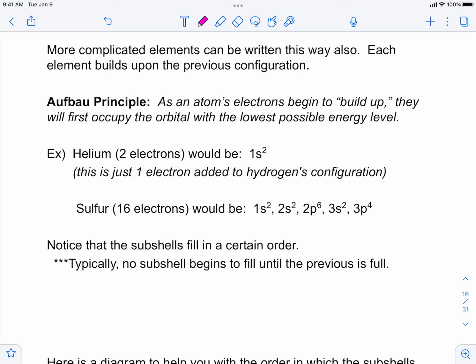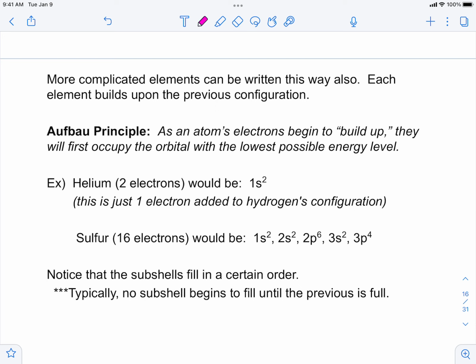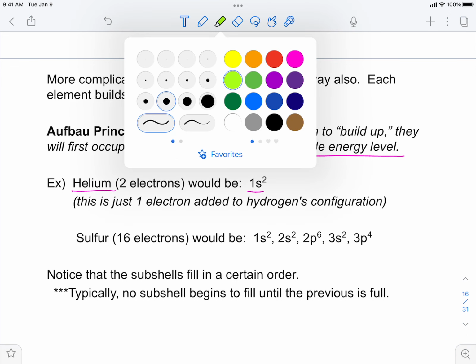So, this is how we do this. If I pick a simple element like helium, I look up helium, I see its atomic number's 2, that tells me it has 2 electrons. So, you always start writing your electrons with 1s, because 1s is the lowest possible energy level. This concept is called the Aufbau principle.